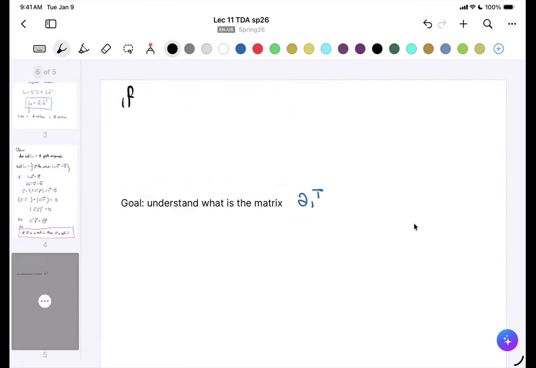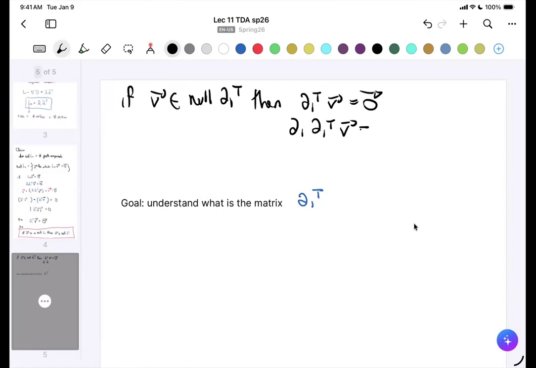It goes both ways, because if the vector is in the null space of the transpose, then that means that the one transpose times v equals 0. Then you just multiply both sides of the equation. It's good to notice as well, but there is a more direct proof.